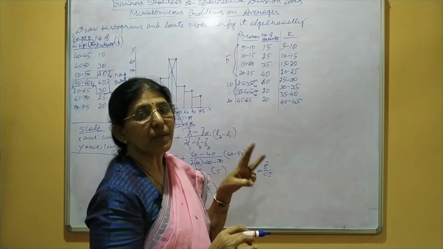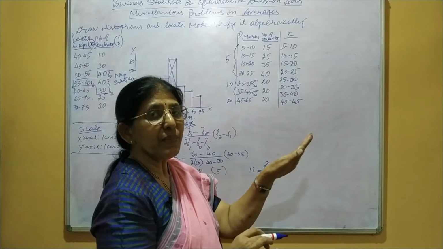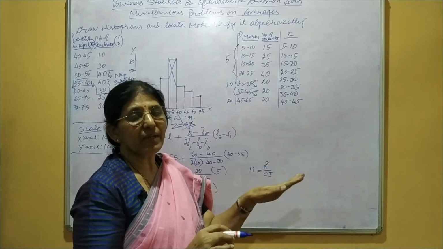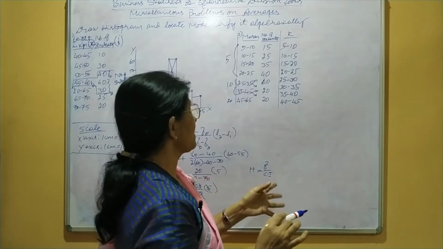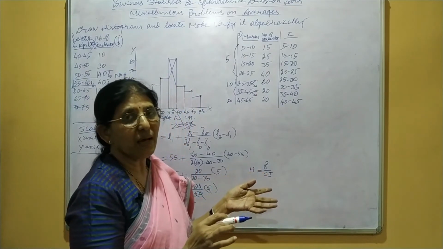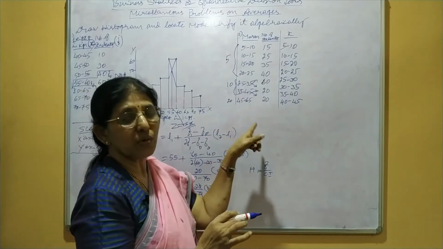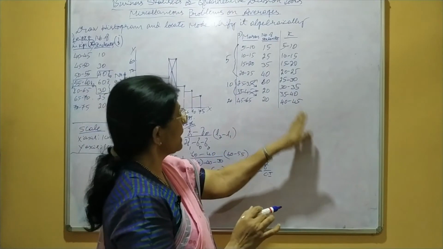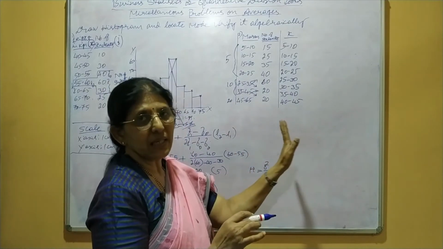The number of classes must be between 7 and 15. At least 5 classes we must have, even though not 7, at least 5. Even that is not fulfilled. Therefore, here the only option is we have to disintegrate, or split the classes.